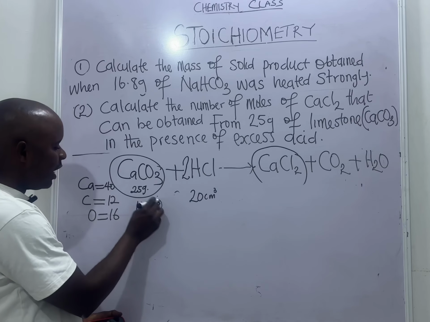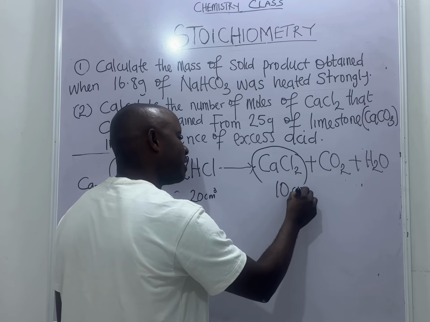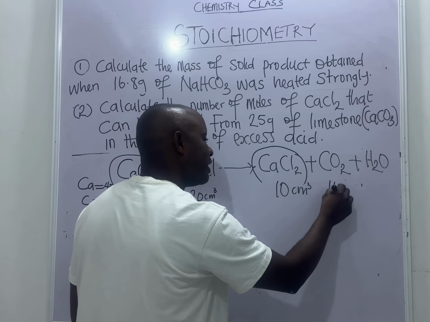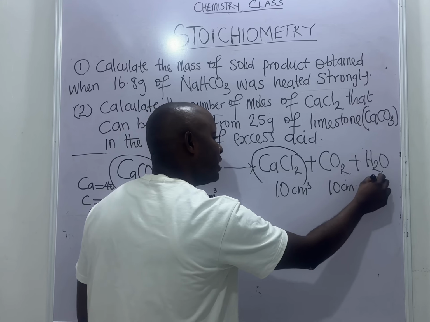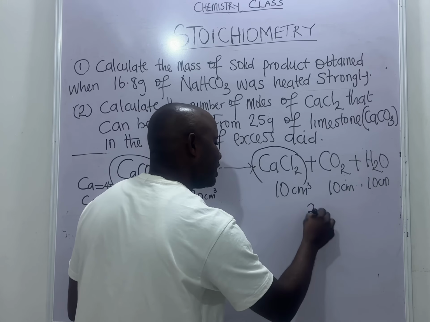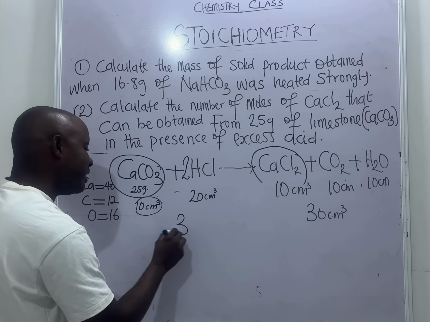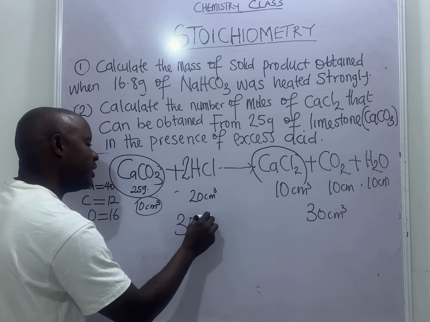Since there is 10 here, whatever is produced at 1 mole will be 10 centimeter cube as well. So whatever reacted together must give us 30 centimeter cube.